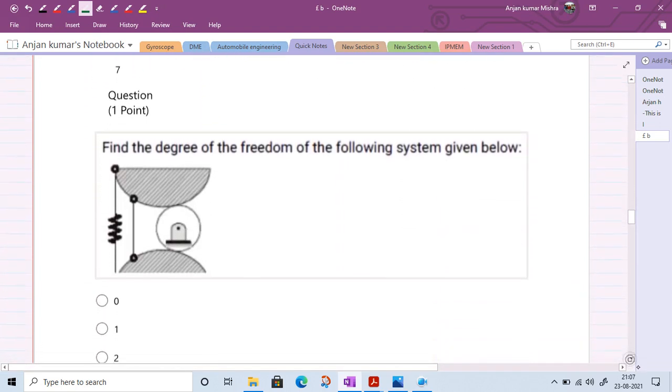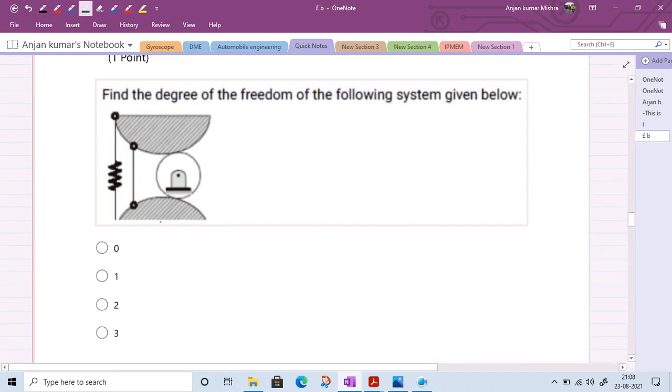Moving on. Find the degree of freedom of the following system given below. Whenever there is a spring, we convert it to a revolute pair of 2 links. Just convert it to a revolute pair of 2 links. So the diagram will be like this. Redrawing the diagram again.